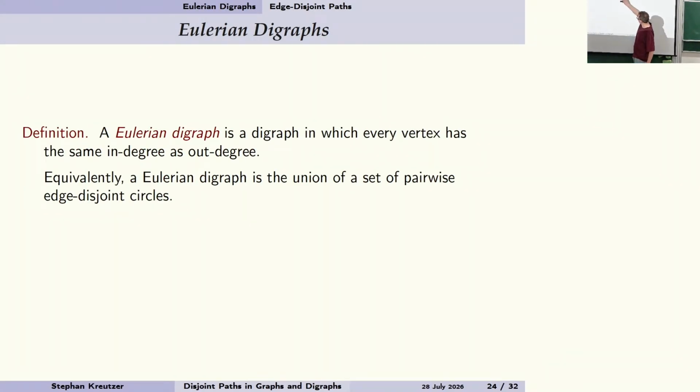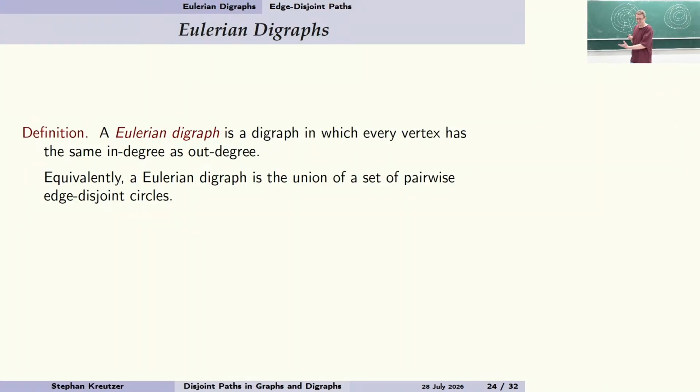It's a directed graph in which every vertex has the same number of incoming edges as it has outgoing edges. So the in-degree is the same as the out-degree for every vertex. This is equivalent to the Eulerian digraph being the union of a set of pairwise edge-disjoint cycles.